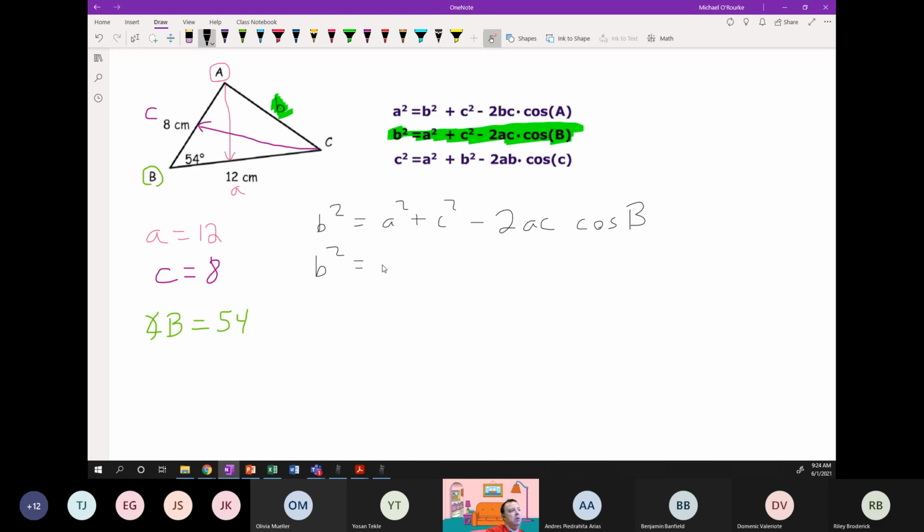So B squared equals, I'll even color code them, 12 squared plus 8 squared minus 2 times 12 times 8 cos 54.